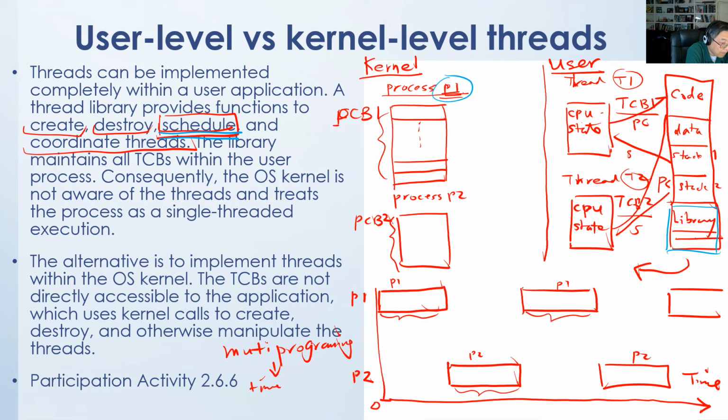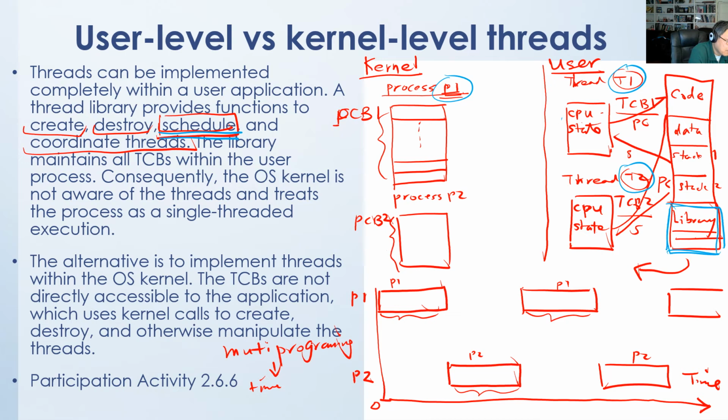Now remember, when you do the context switching between two threads, T1 and T2, it's completely within process 1. So that means only process 1 is taking the CPU, and then the library for these threads can actually implement this context switching.